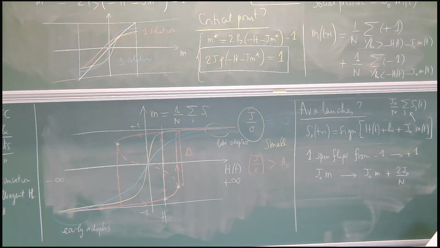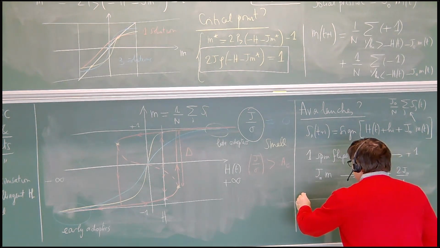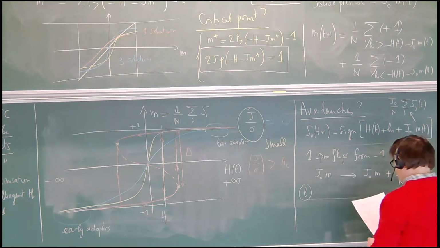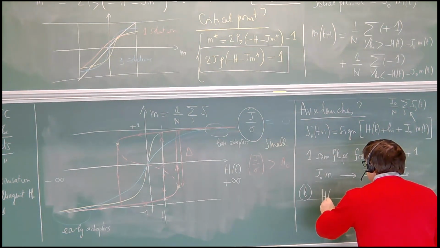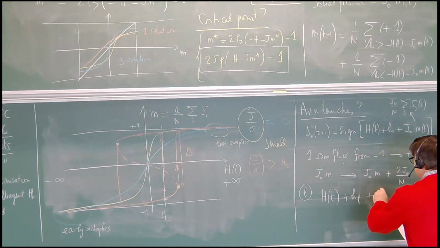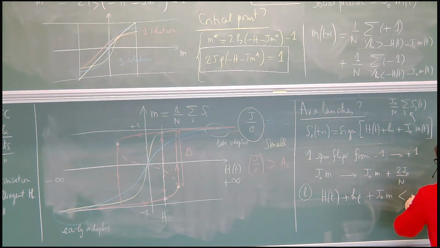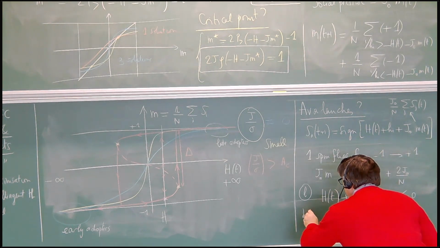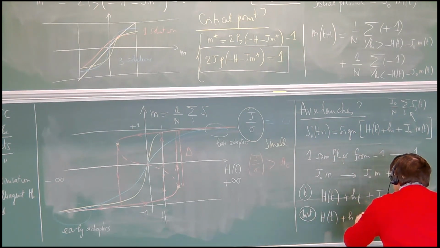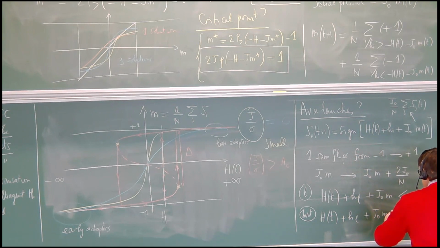If I take a certain agent l, this agent can be such that h(t) plus h_l plus J_0 M was negative, so it was happily sitting in a pessimistic state, but suddenly h(t) plus h_l plus J_0 M plus 2 J_0 over N is positive.